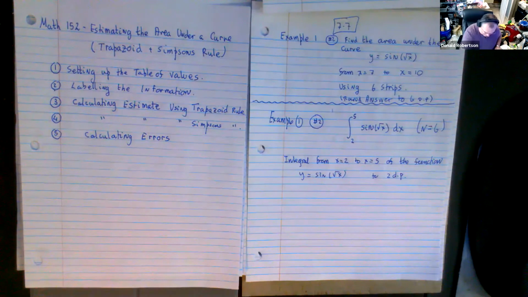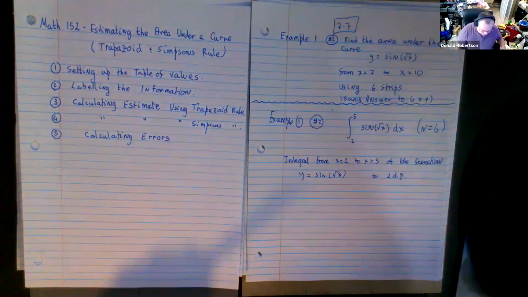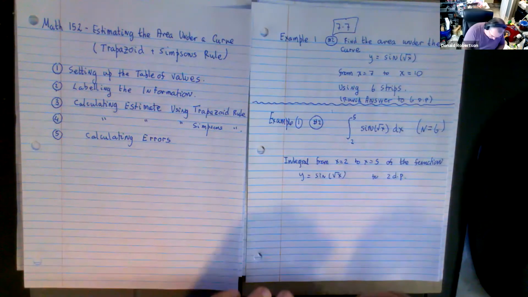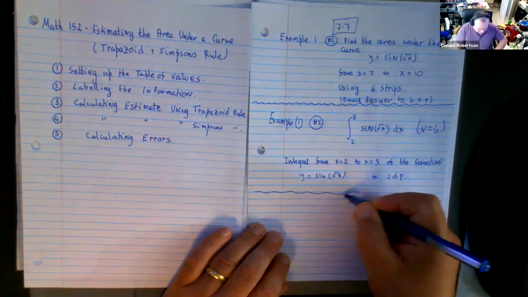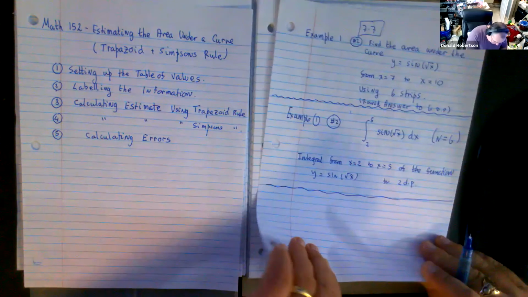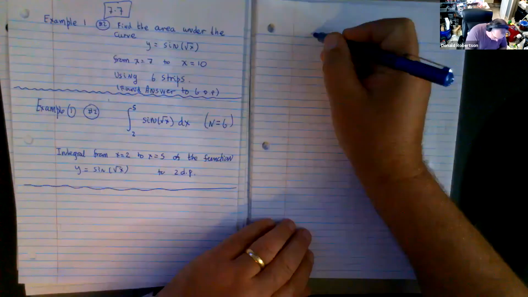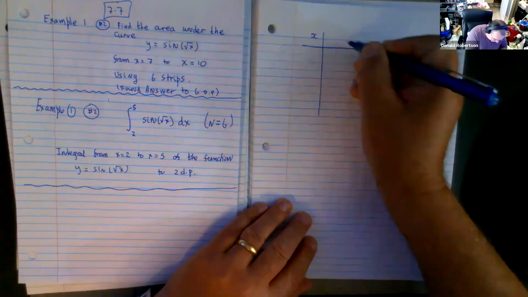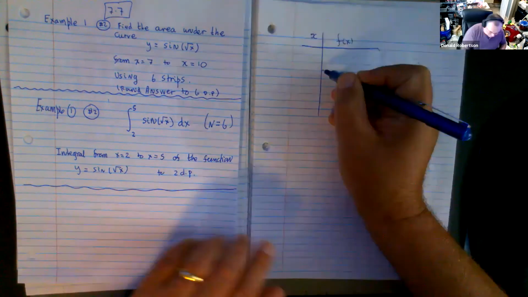So let's set up this question. First thing we have to do is set up our table of values. We know it starts at 2, so I'm putting that one in.